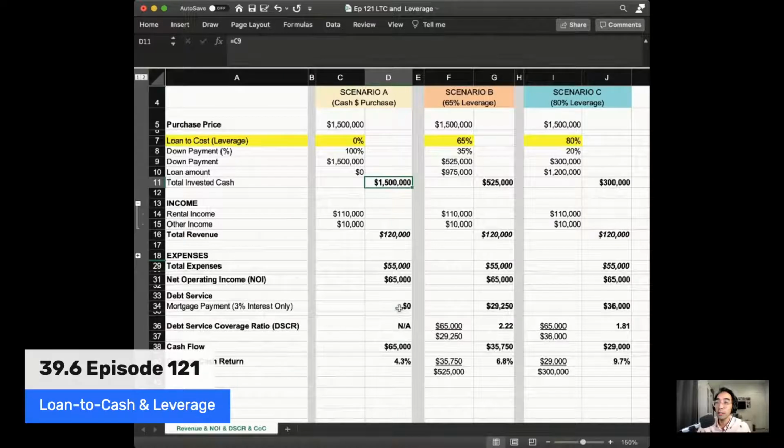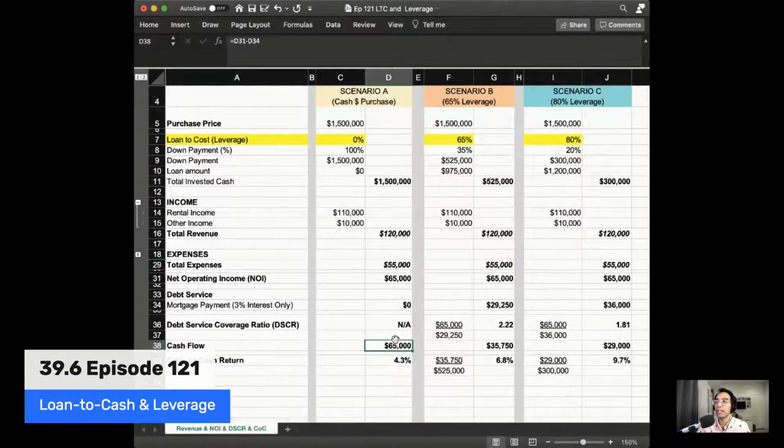Now, because there's no mortgage, there's no interest to pay. There's no debt service coverage ratio because there's no debt. So all of your net operating income is the same as your cash flow. You can define net operating income as your cash flow if there's no mortgage.